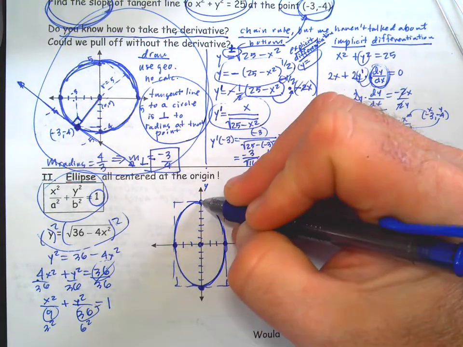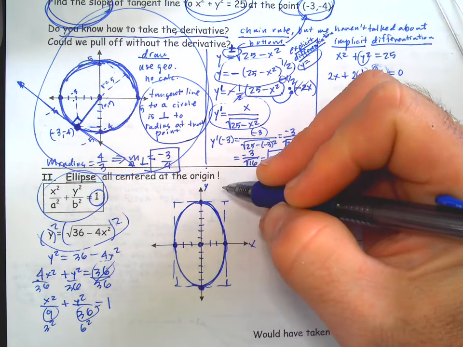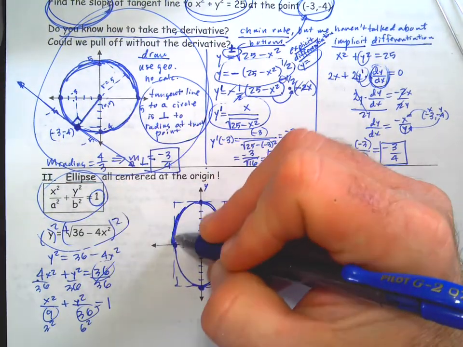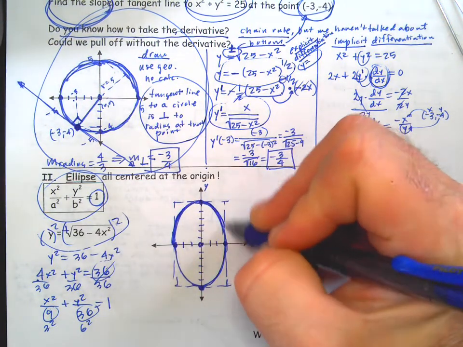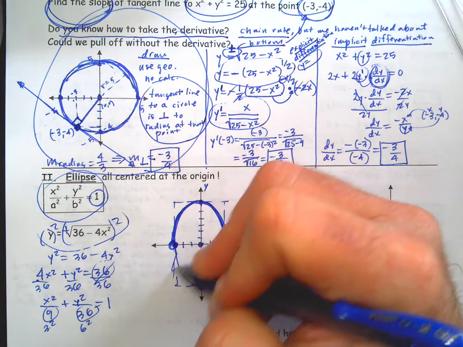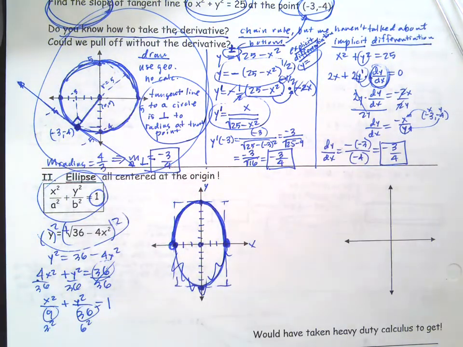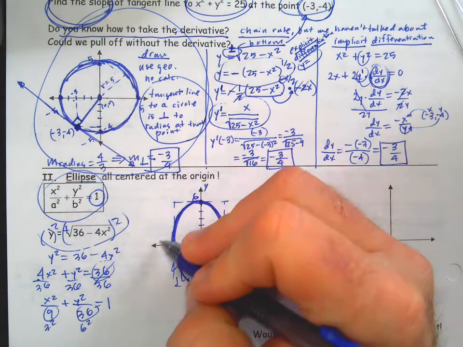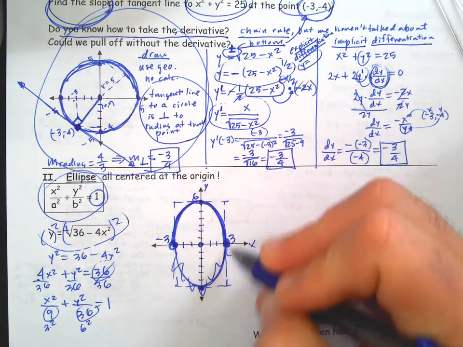Okay, and is it the whole thing, or is it just the top or bottom? It's just the top half. So I should have drawn it more lightly, but it's just the top half. Okay, and so there you go. Might want to label these values on here.